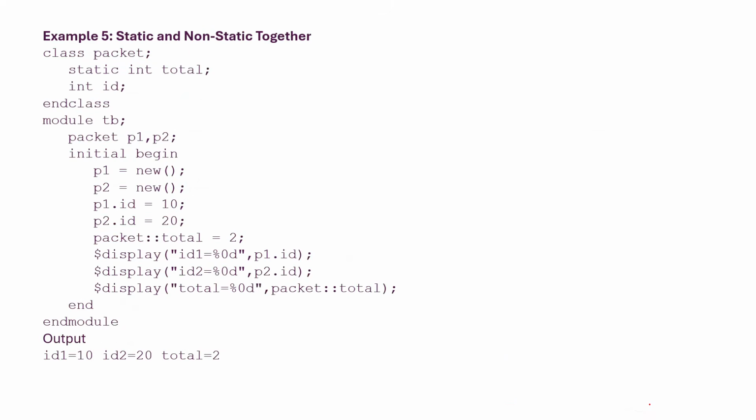What it is saying is static and non-static members together. See, here static int total is the one variable related to static, and then non-static is the id. Here I have created two objects, two handles and two objects, and then p1.id equal to 10, p2.id equal to 20.